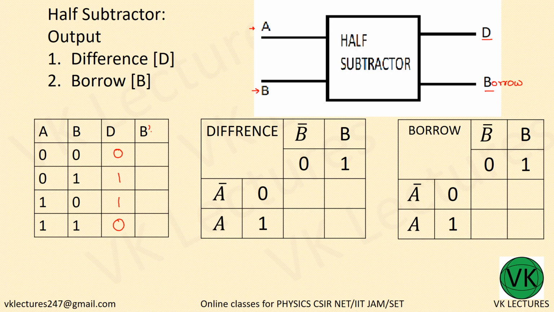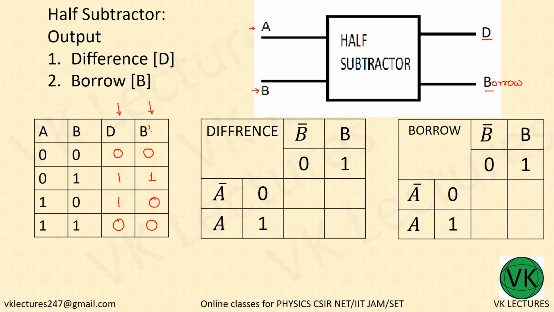Now what about the borrow? 0 and 0, there is no need to borrow. 0 1, yes, 0 minus 1 means you have to borrow from the other, which is A is less than B, so there is borrow. Here A is greater than B, so there is no need of borrowing. 1 and 1, no need of borrowing. So that's it.